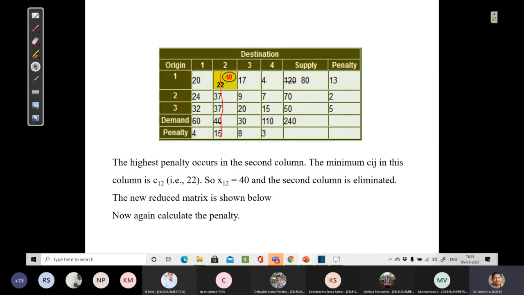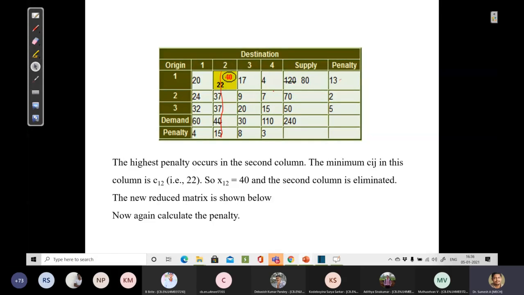So 17 minus 4, 13. 9 minus 7, 2. Then 20 minus 15 as 5. Third column, 30. 24 minus 20 as 4. 17 minus 9, and 7 minus 4.